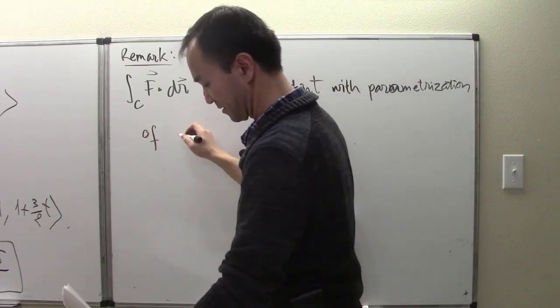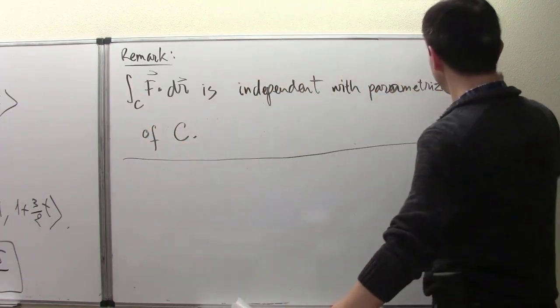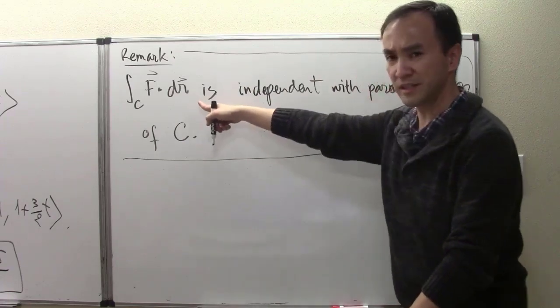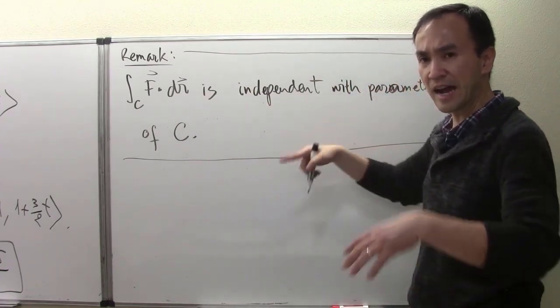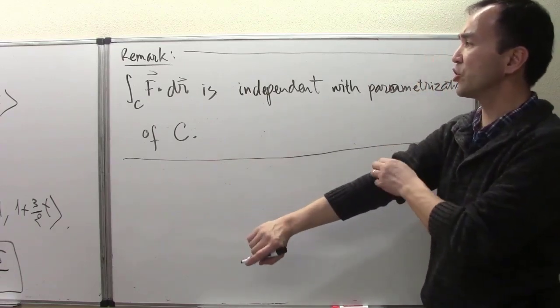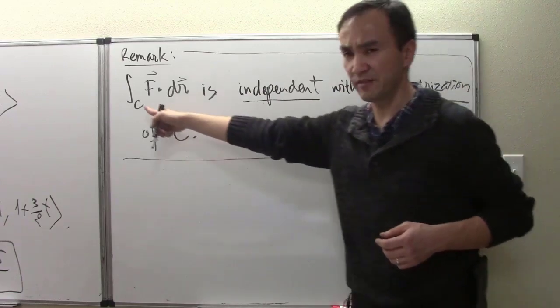All right. So what does it mean that the answer of this line integral is independent? The outcome of this line integral, the value of the line integral here, is independent of the parameterization of the curve C right here.